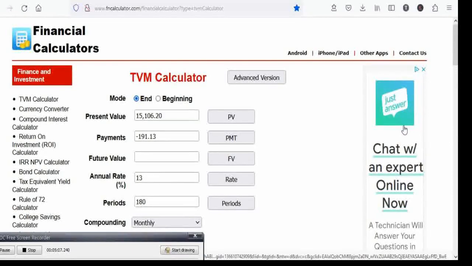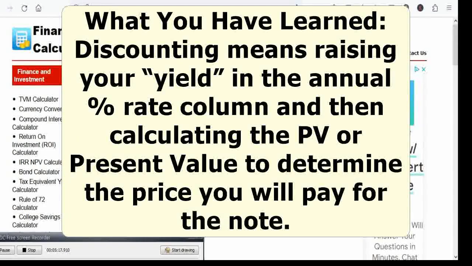So by paying $15,106.20 for this stream of payments, you will have a yield of 13% per year. So you'd present this offer to the seller of the note. To recap, discounting means raising your yield in the annual percentage rate column, and then calculating the present value to determine the price you will pay for the note.